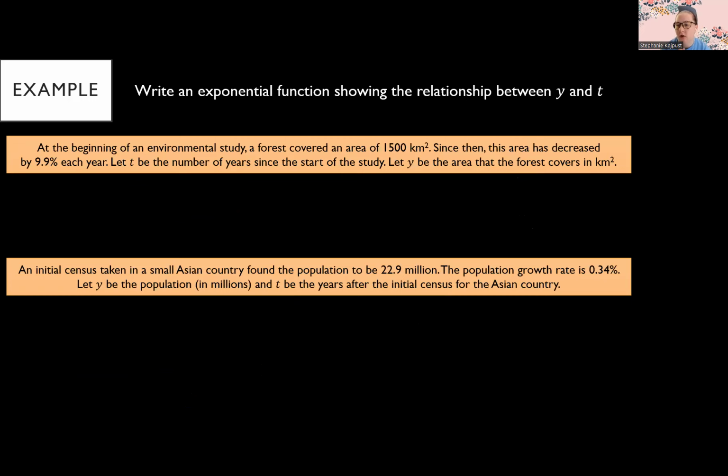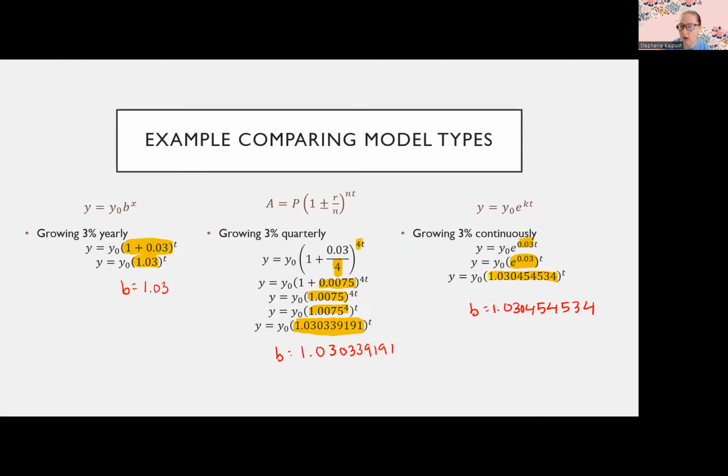Okay. So here's a couple more. These are much more wordy. Directions are slightly different. It just says write an exponential function showing the relationship between y and t. So it's telling us specifically the variables that we're going to be using are y and t. So if I go back, this middle formula, if you're told to use y and t, you already have t in there.